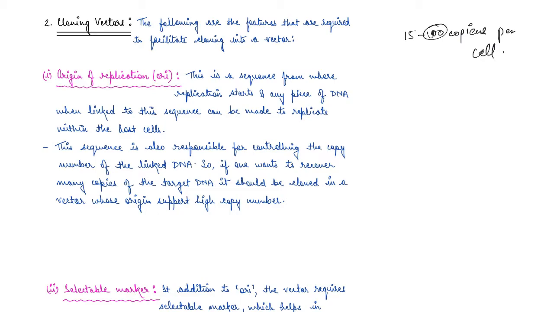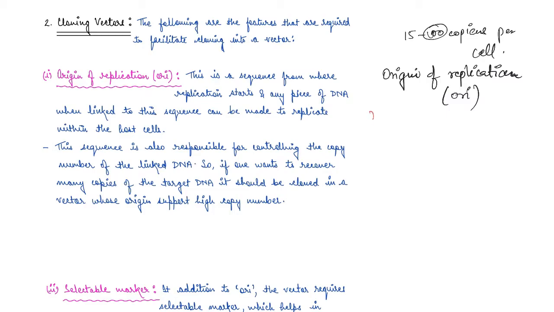The first one, which we discussed in the first video as well, is origin of replication, or ORI. Origin of replication is a sequence from where the replication starts.